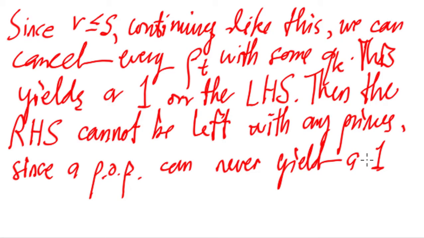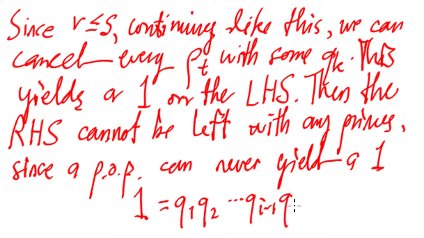Of course, it can never yield a 1 because if you think of it, our equation will be like 1 equals q sub 1, q sub 2 up until q sub i minus 1, q sub i plus 1, and for the previous one we have q sub j minus 1, up until we reach some certain q sub j minus 1, q sub j plus 1, up until q sub s.